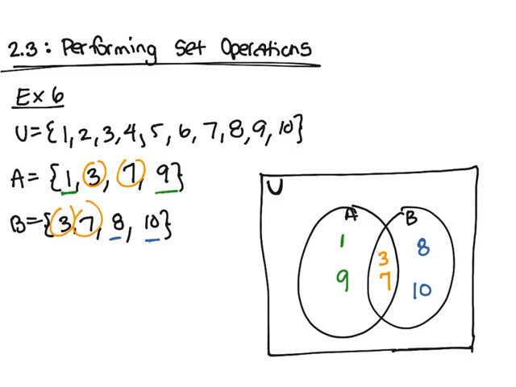Okay. So that means who would be considered in the outside area of the 2 circles? 2, 4, 5, 6, and that's it. Okay, good deal.